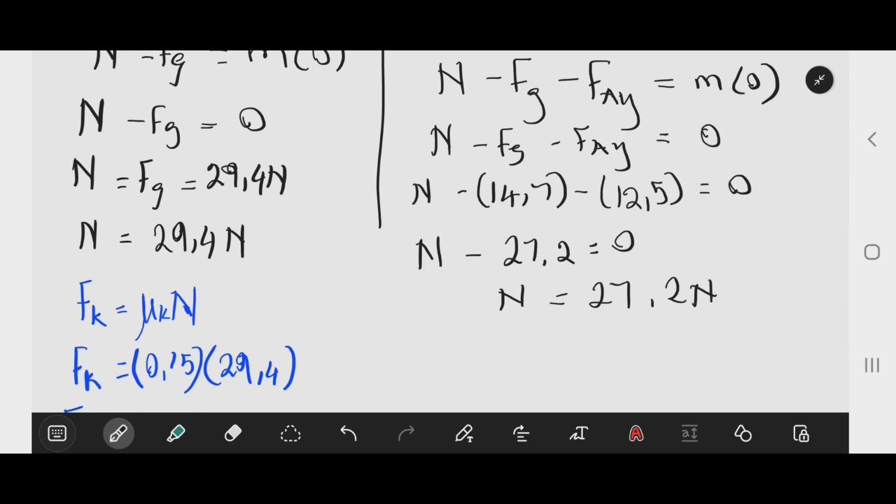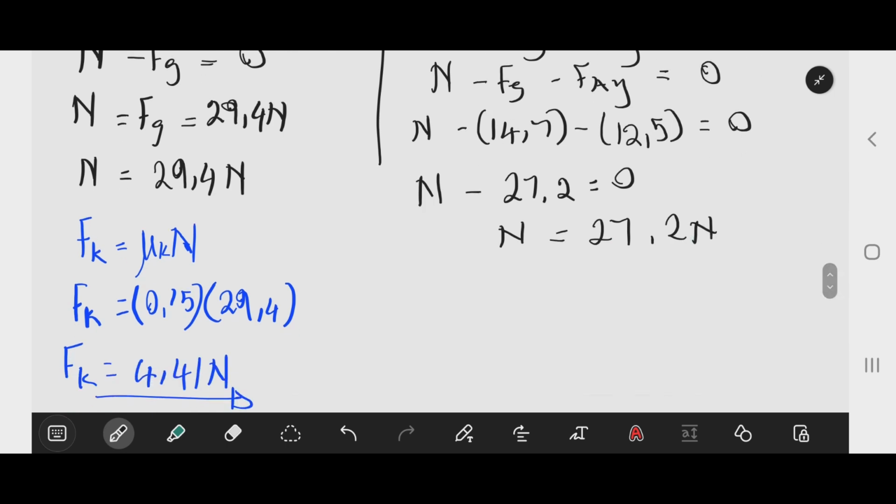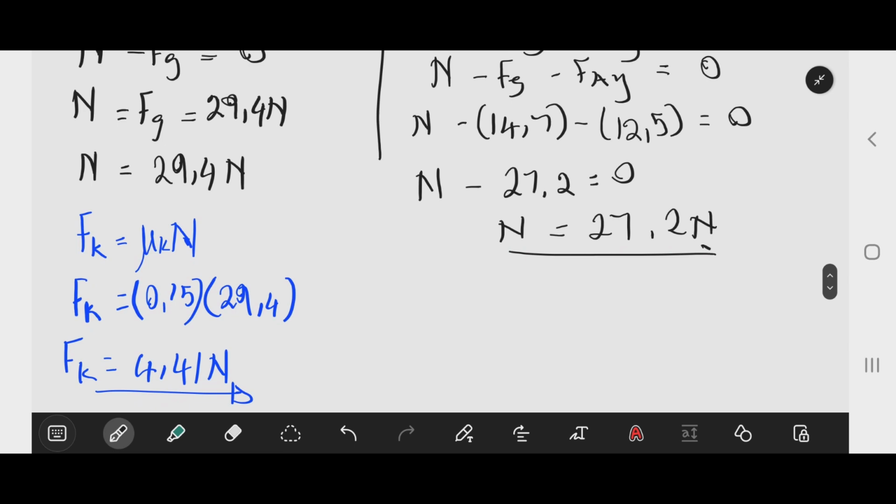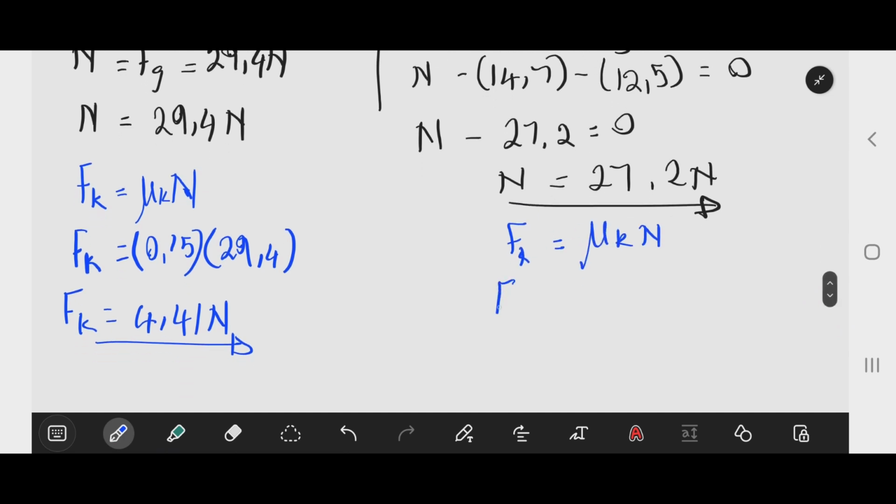is 27.2 newtons. Okay, so now after obtaining the normal force, we can calculate our friction for this object, and the friction for this object would be the coefficient multiplied by the normal force. The coefficient is the same for both objects, which is 0.15.